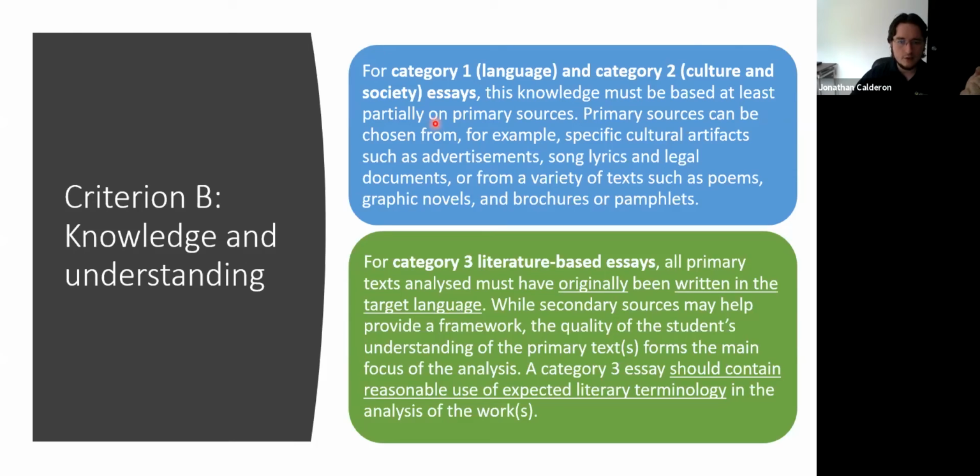Kateli is asking, can the author's bio be used as a secondary source to help with their literary analysis? Well, if they approach it as, let's say, how the life of the author altered or influenced the story, yes, it could be.